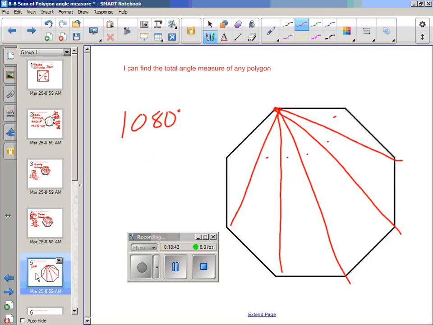And then 8 minus 2 equals 6. Everybody hear that? We see a common pattern there? I guarantee there's going to be something in this formula that says the number of sides subtracted by 2. Then does anybody else have an idea of what we can do after we find the number of triangles? What else can we do to find the sum of all the angles?